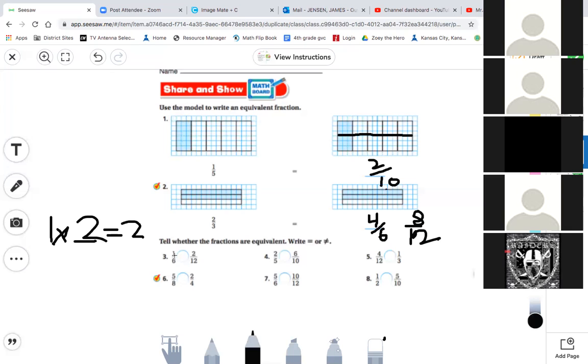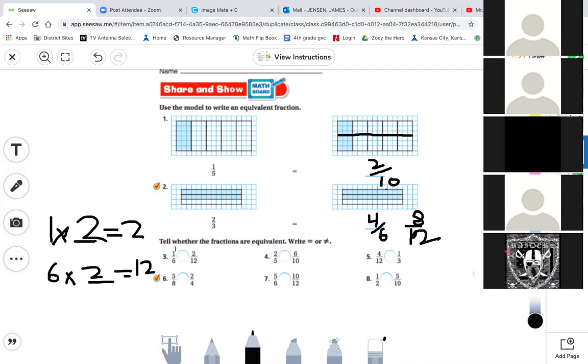So we can multiply the numerator by 2 and get 2. What about the denominator here? Does 6 times 2 equal 12? Joseph? What does 6 times 2 equal? Oh, wait. Yeah, it does. For a second there, I thought you said 6 plus 2. Oh no. 1 times 2 equals 2. 6 times 2 equals 12.